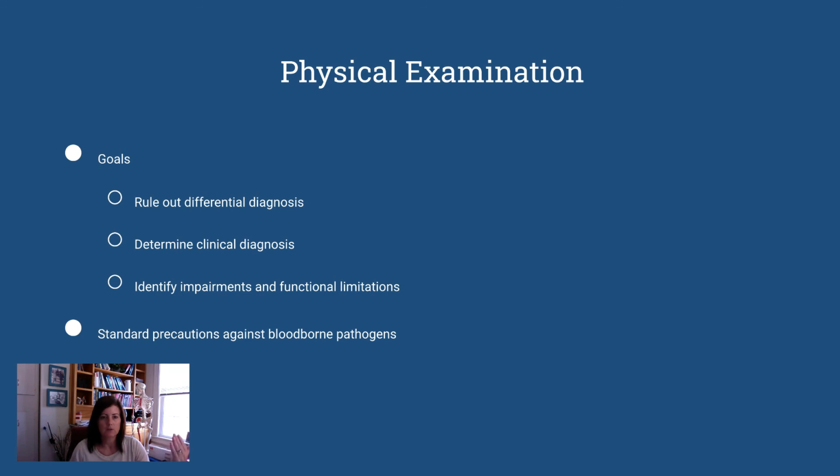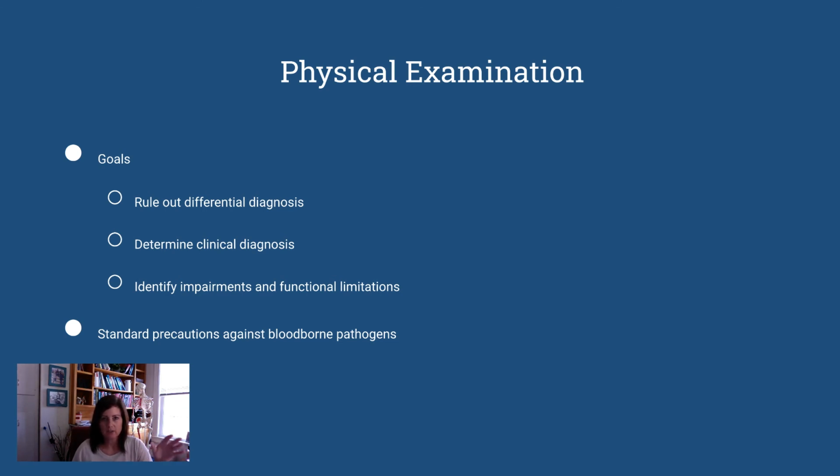And again, we want to develop a working hypothesis, which you could also call a clinical diagnosis of, okay, I think that it's probably this. This is most likely, based on your history, and now we're going to rule things in and out with all of our special testing and our physical examination.